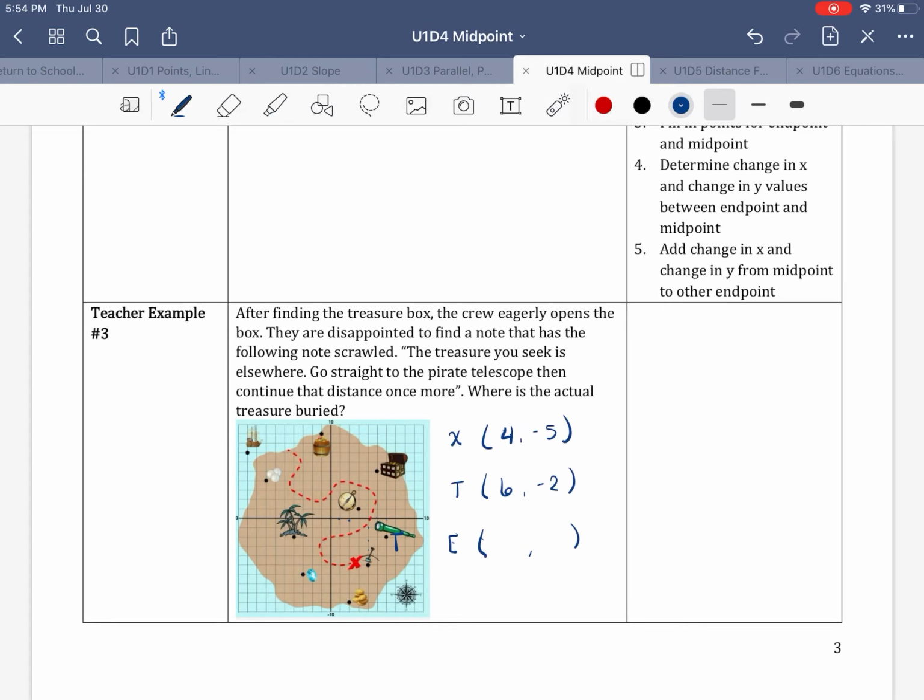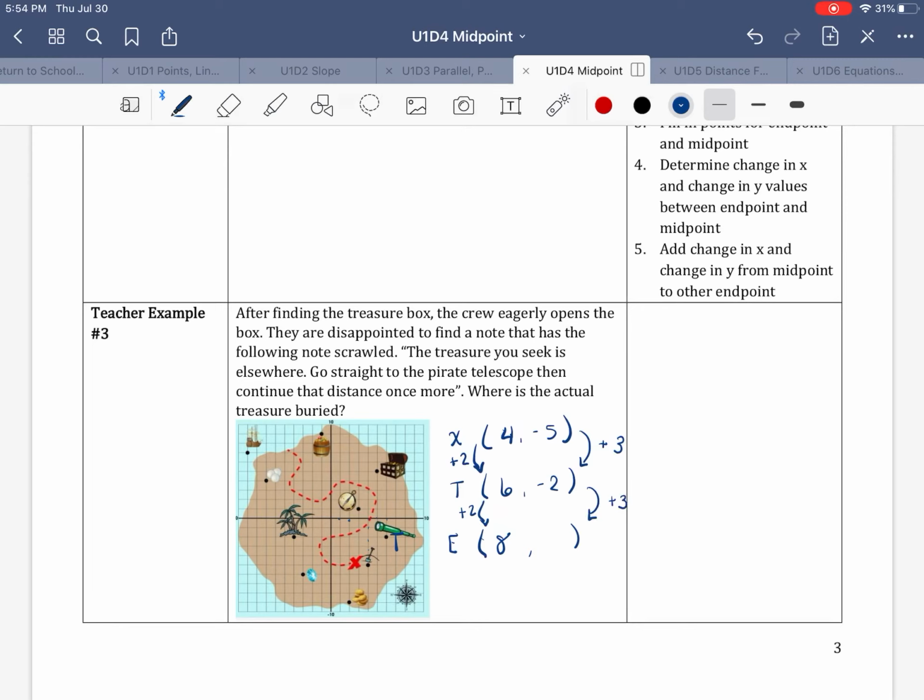So to go from 4 to 6, we're adding 2, which means we're going to add 2 here. So 6 plus 2 is 8. Here, we're going to go from -5 to -2. So you have a very negative number becoming less negative, which means we're going in the positive direction, 3 units.